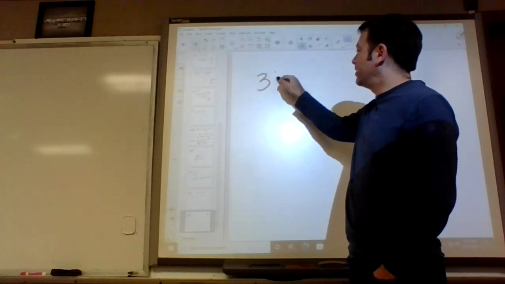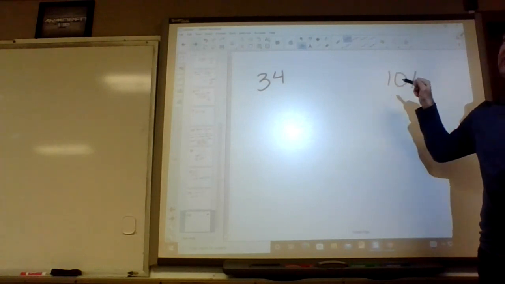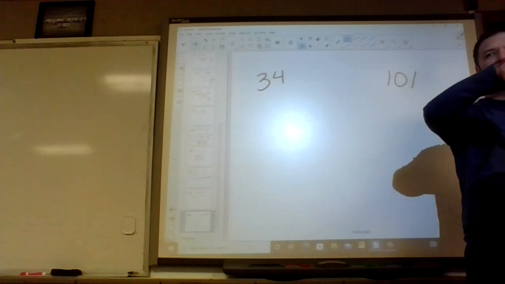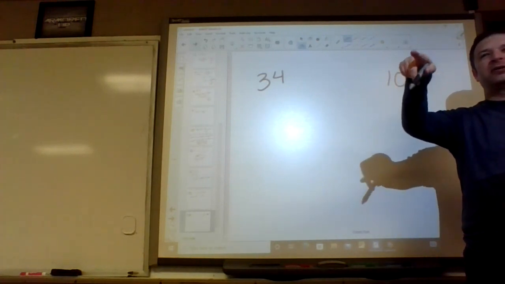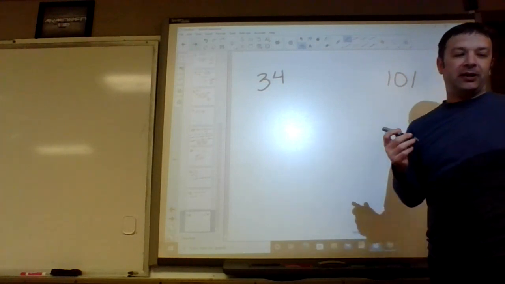Okay, guys, if I wanted to find the number that's right in the middle of two other numbers, how do I do it? You add and then divide by 2. Okay, yes. What's that called? That's finding the average.